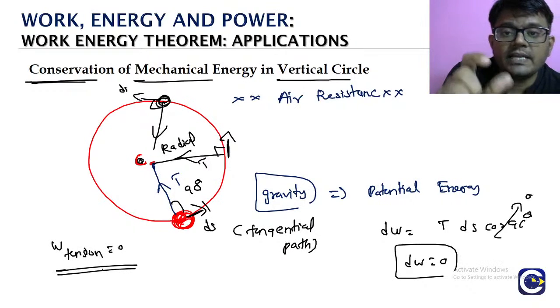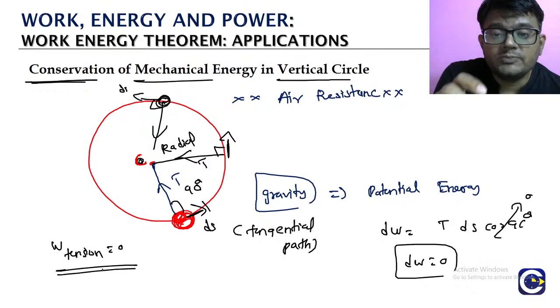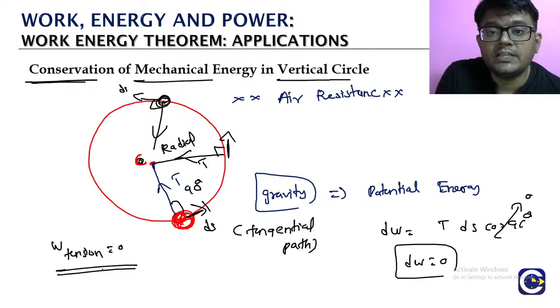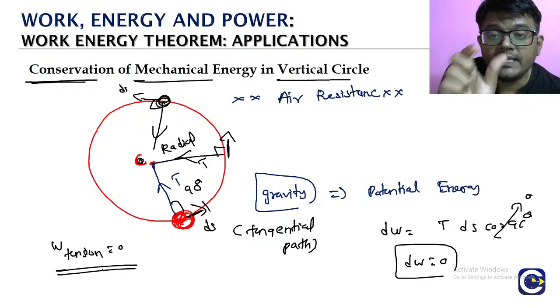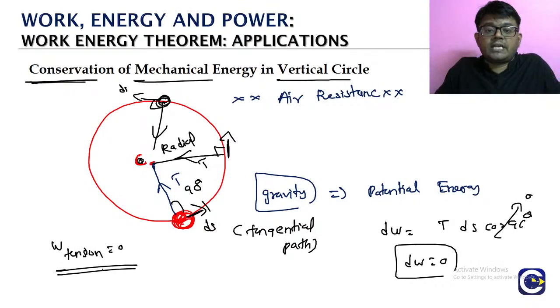If you look at any small displacement, it will be always along the tangential direction. So the angle between the small displacement and the tension force is what? 90. That is why whenever you look at any small time interval, work done is 0. If you add up all the small time intervals, then also the total work done is 0.